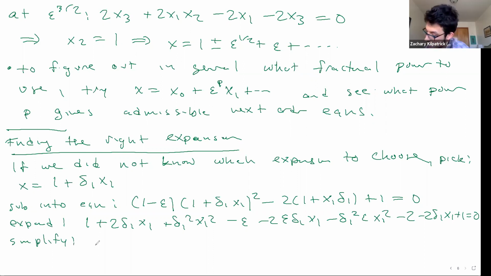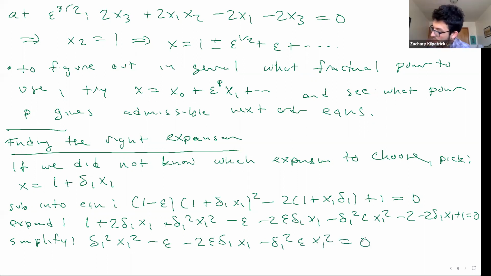Now let's simplify this: delta 1 squared x1 squared minus epsilon minus 2 epsilon delta 1 x1 minus delta 1 squared epsilon x1 squared equals 0. Okay, so all the order 1 terms vanished, right?